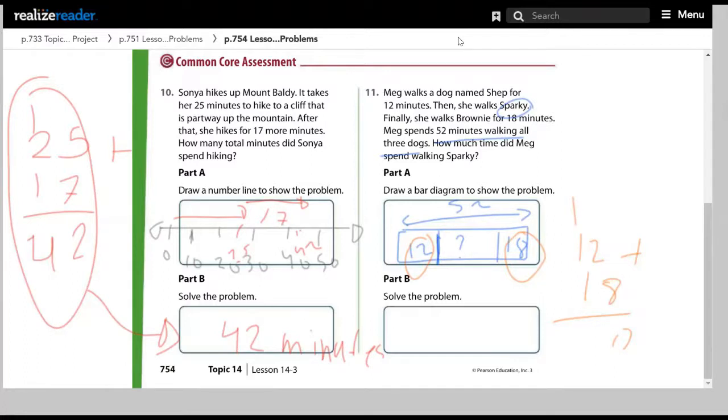Then 1 plus 1 plus 1 equals 3, so 30. So then 52 minus 30 mentally, it gives us how much? 22 minutes. So the second dog, she walks here 22 minutes.